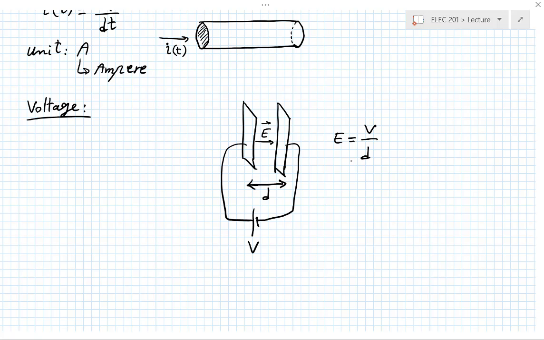So the whole story is lumped into, for instance, for a resistor, V equals Ri as the end result. The only reason I'm showing you all this is to make the connection between voltage and electric field, and therefore force, that can set things into motion. Okay.